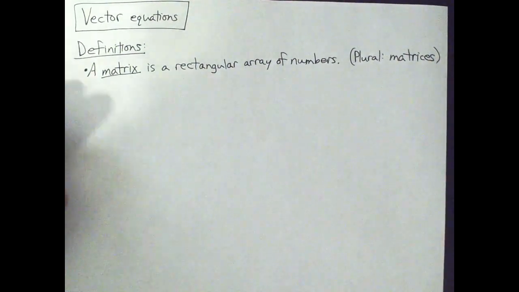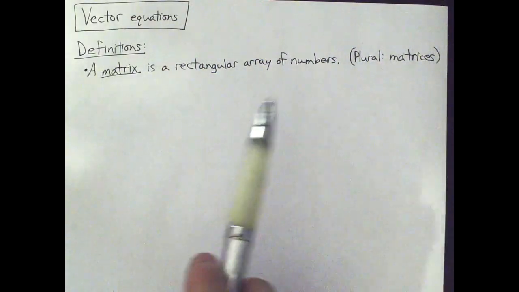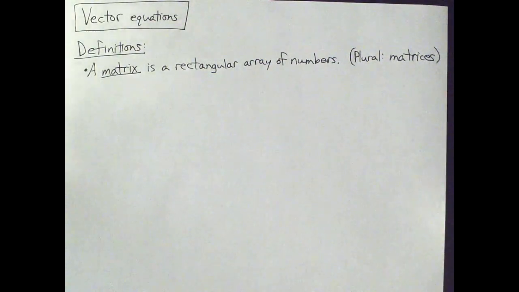By the way, before we move on, I like to sometimes fill you in on some things that the book might not mention. We say that a matrix is a rectangular array of numbers. If you take further courses, like if you study linear algebra further, or if you're thinking about graduate school, you might see a different definition of matrix later on.